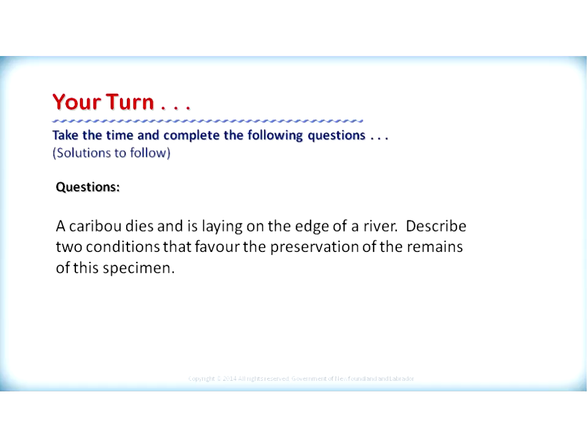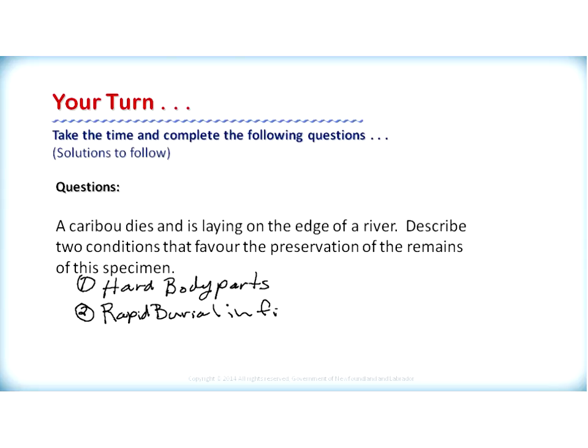So down below you have 3 choices. Number 1 is hard body parts. Second choice, which is the second condition that helps preserve fossils, would be rapid burial in fine sediment.